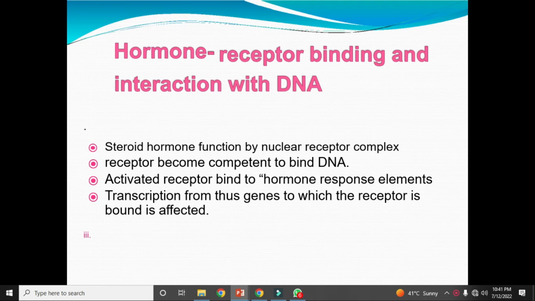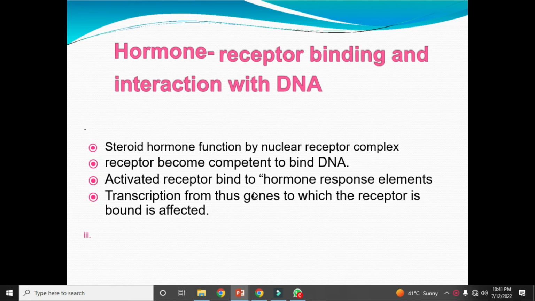Receptor activation is the term used to describe conformational changes in the receptor induced by hormone binding. So the major consequence of activation is that the receptor becomes competent to bind DNA.